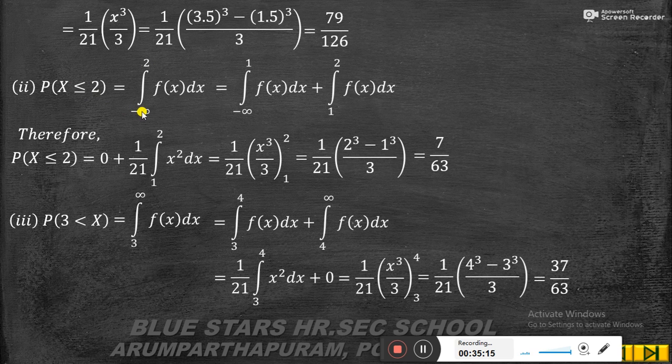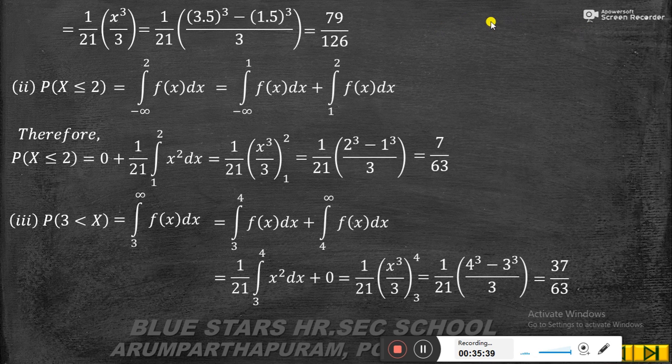So I write the integral from minus infinity to 2 of f of x dx. Next I substitute. The function lies between 1 and 4, so the middle value is 1. On the number line we have minus infinity, 1, 4, plus infinity.